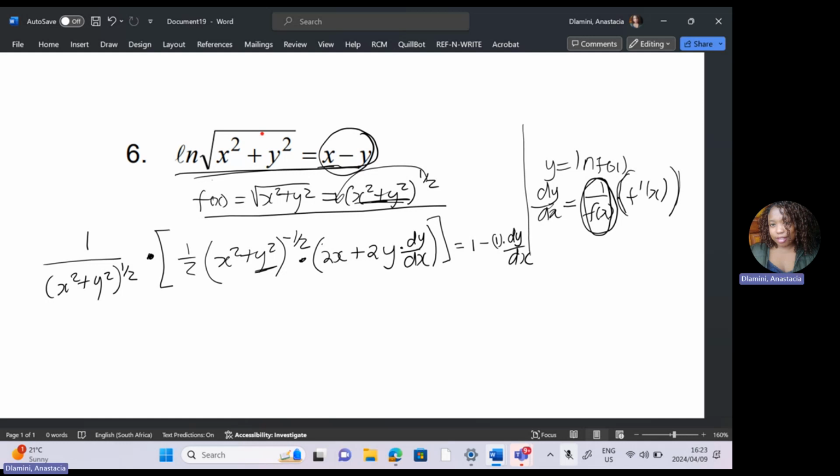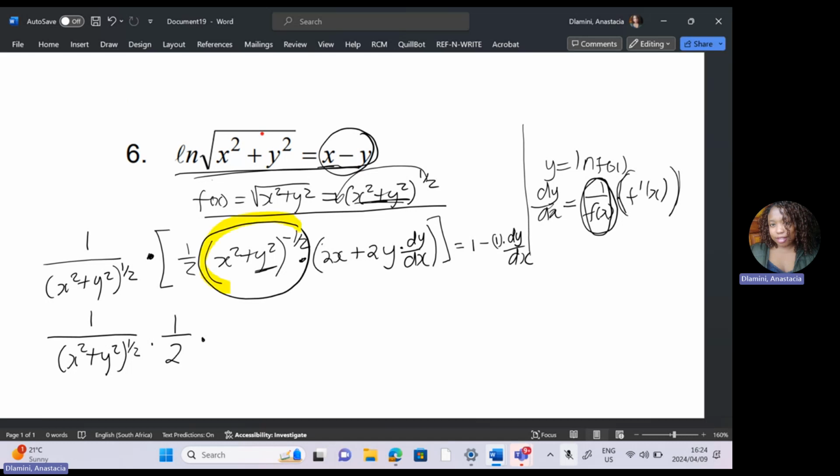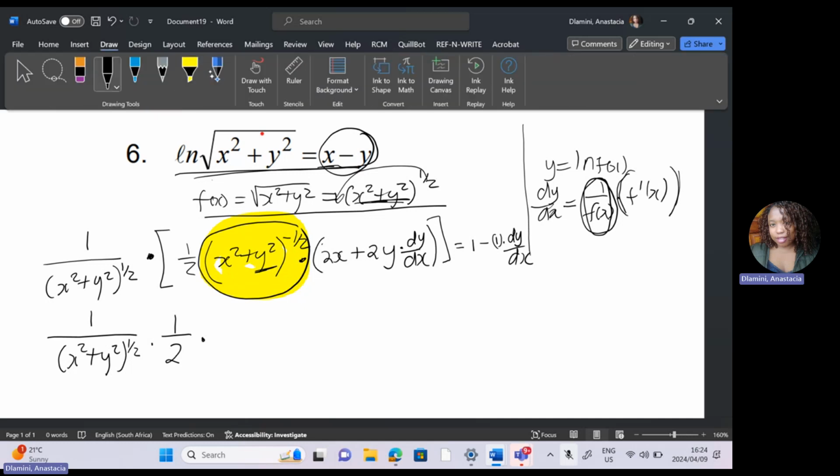Okay, so let's write our expression properly. Let's simplify it. So this is 1 over x squared plus y squared to the power of a half times 1 over 2 times this expression over here, the one that's highlighted. This expression can be written as a fraction. What do I mean by that?